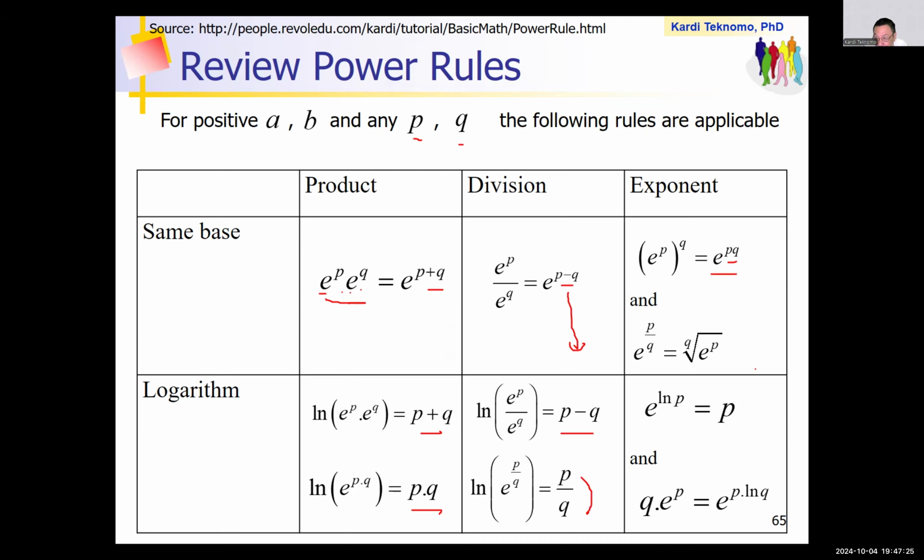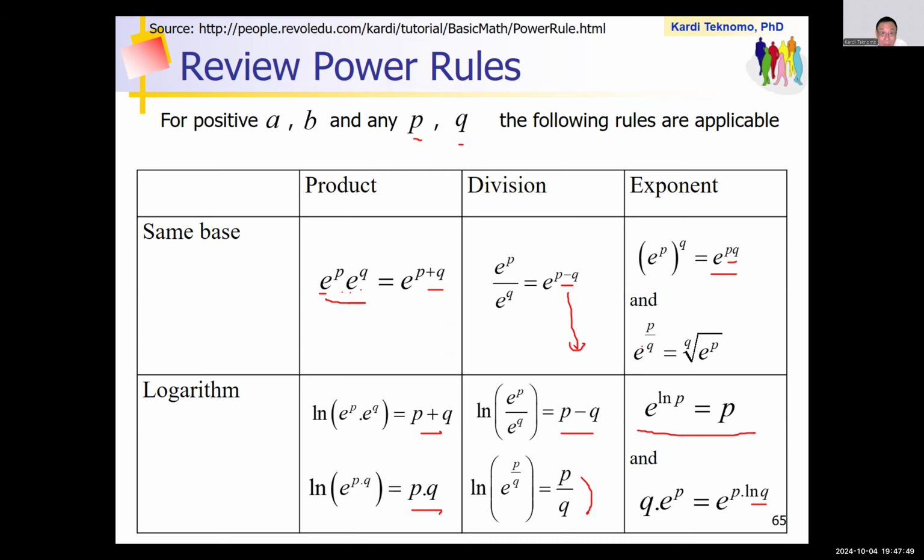Because of this, this is the definition of e: e exponent ln of p is actually equal to p.